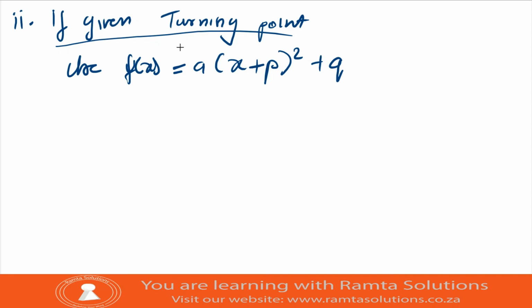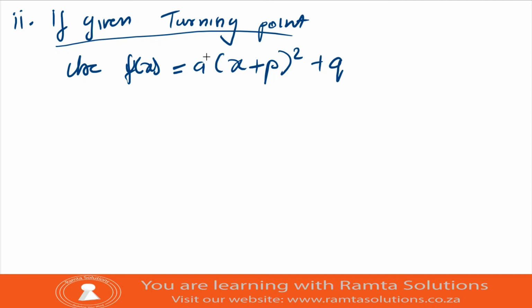So substitute your turning point values into this expression and use another point that is given to solve for the unknown. In this case, it might be to solve for a, all right? And you are good to go. That's how you will do it.